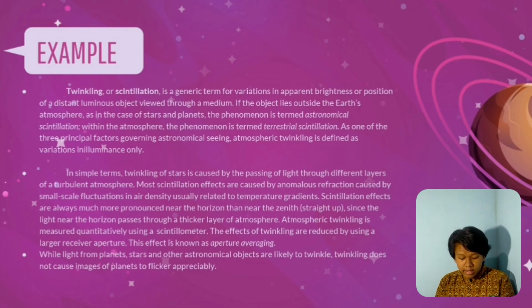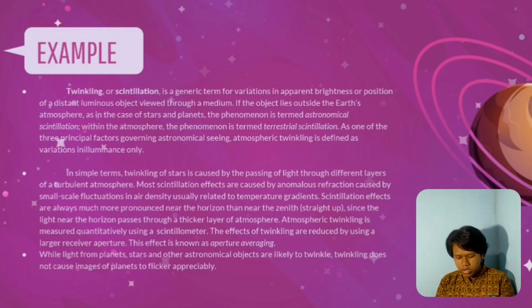Atmospheric twinkling is measured quantitatively using a scintillometer. The effect of twinkling is reduced by using a larger aperture. This effect is known as aberration averaging.